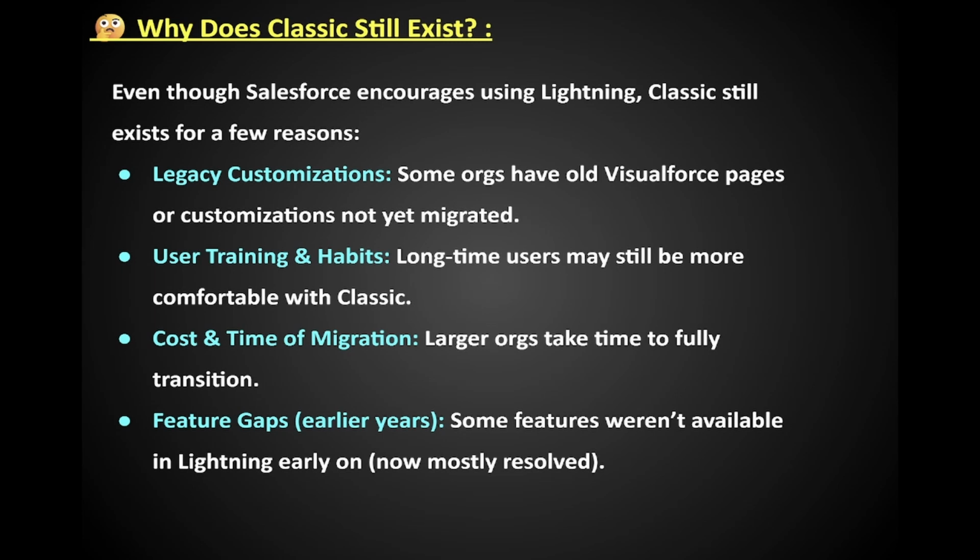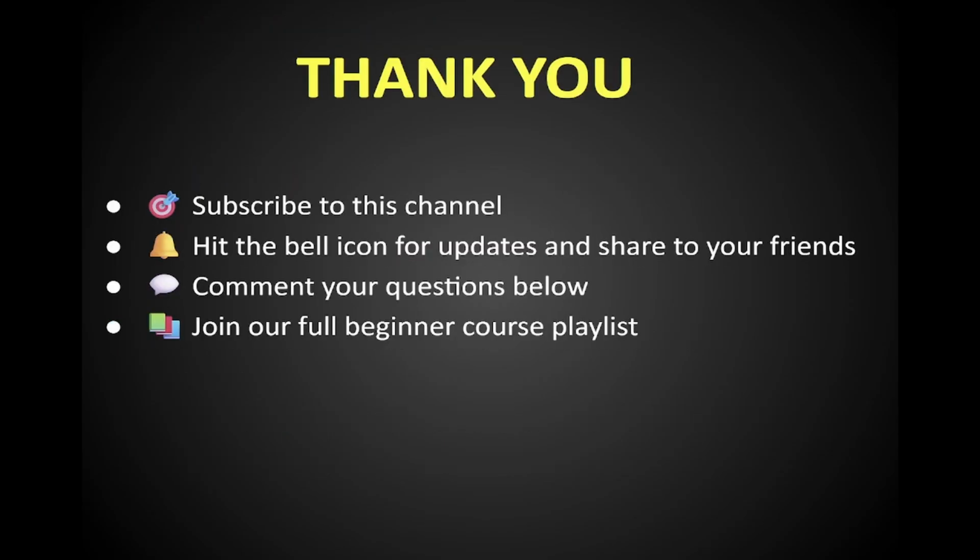So I hope you understood all the things: how to create an org, what the features are, how to access the important features in Salesforce, the difference between Lightning and Classic, and why Classic still exists. That is all, and congratulations to all of you. You have officially completed part 4, and with it the entire module 1 of our Salesforce admin beginner series.